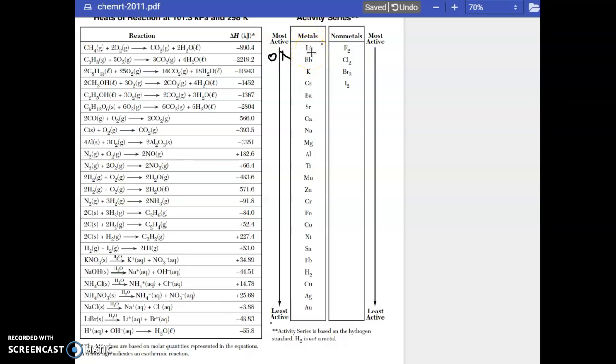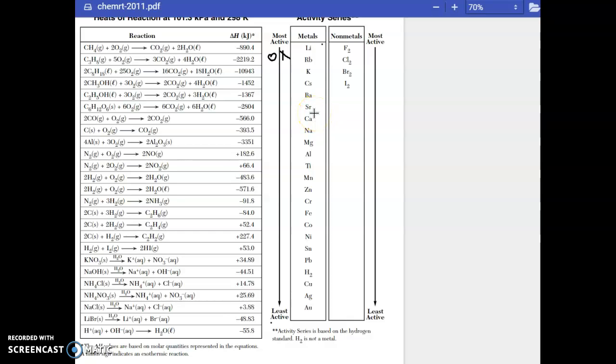And if you look on your reference table, you will see that lithium, rubidium, potassium, cesium, barium, strontium, calcium, sodium, magnesium, I'm just reading right down the list here, all of the more active ones are in group 1 or group 2. And these guys really, really want to lose their electrons.